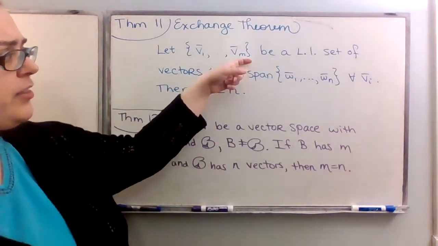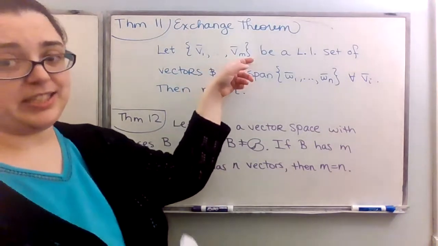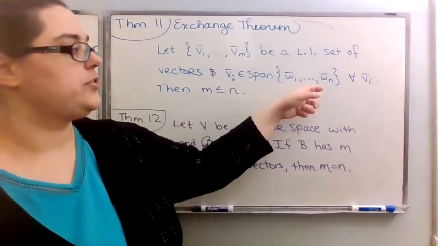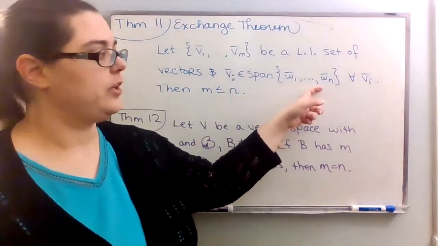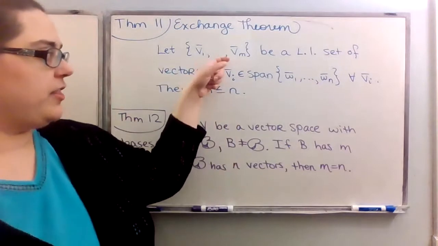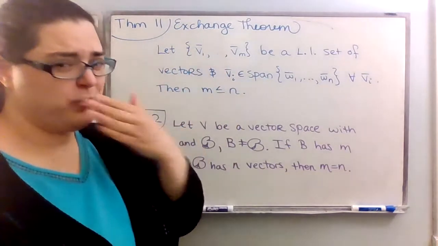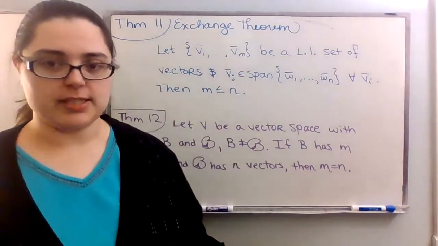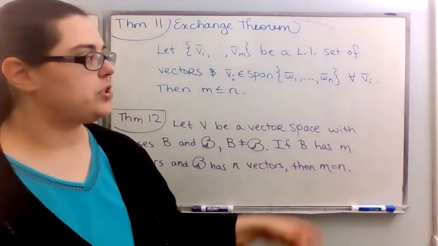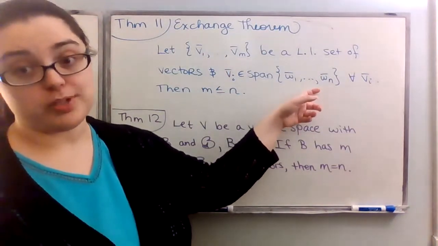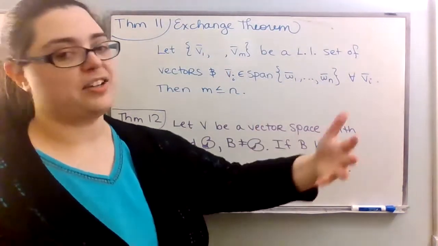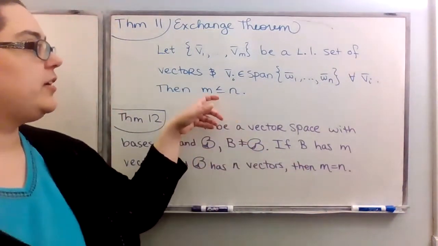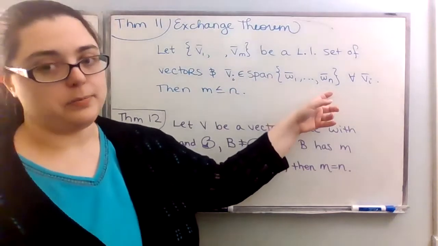Then the number of v vectors, the number of linearly independent vectors that we had, is going to be less than or equal to these vectors here. That's because we know that these are linearly independent, so we know we don't have any redundancies. We don't know that information about the w's, so we could have some redundancies here. So we could have some extra vectors that we don't really need in order to define the set. That's why we have that m is less than or equal to n.